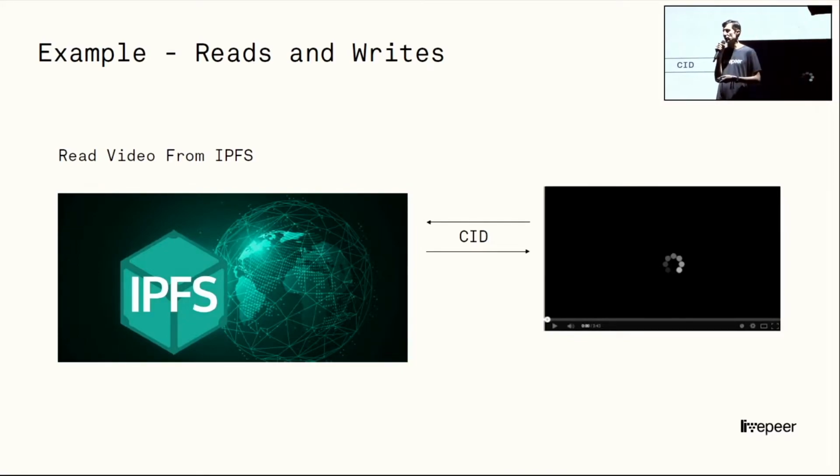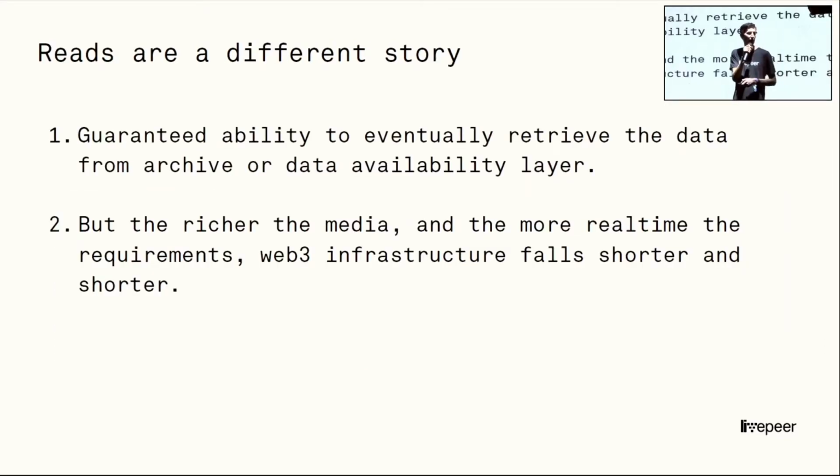And typically that leads to this buffering, this loading, and it's not delivering the experience that Web2 users have come to expect. I think you will eventually get access to that data, and that's really powerful. You will be able to verify that it was correct. That is really powerful. But I think the richer the media is, the more real-time the requirements are, the shorter Web3 infrastructure is coming up right now.